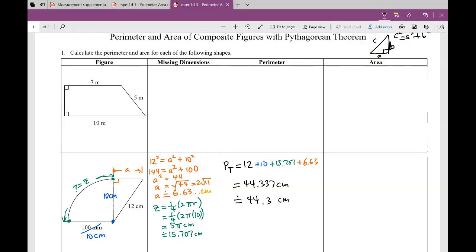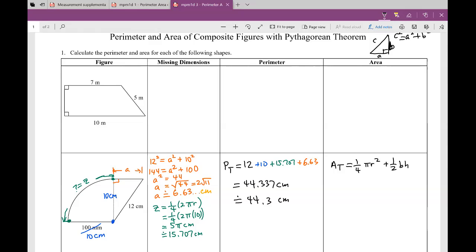In terms of the area, just like we problem solved to find that Z value, it's going to be a quarter of the area of the circle plus the area of the triangle. Half base times height.